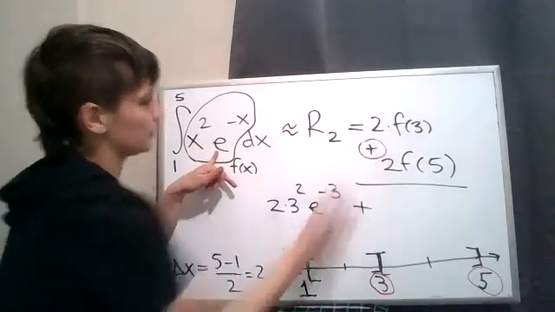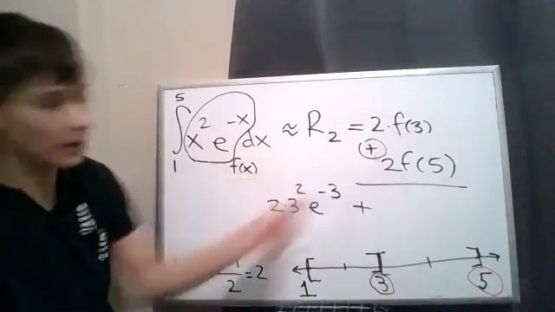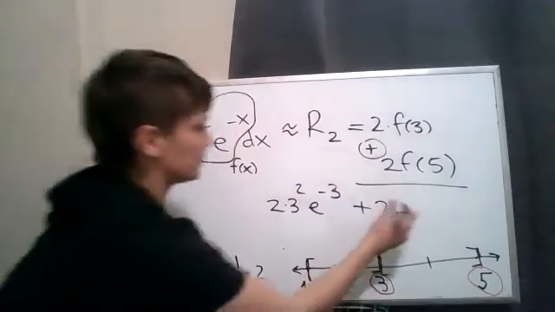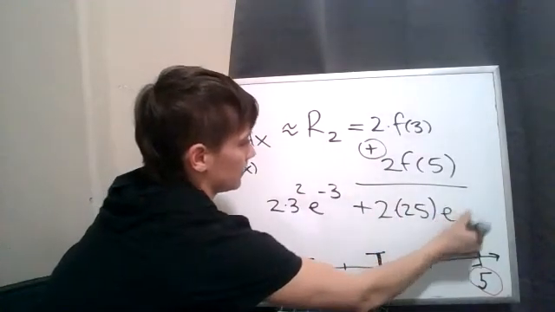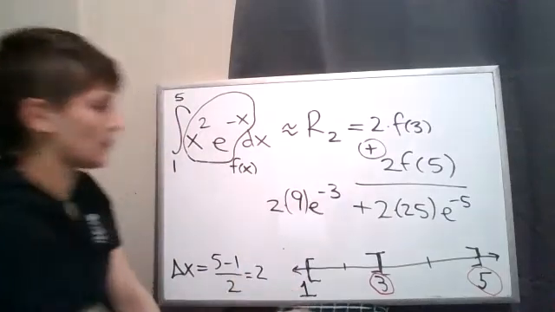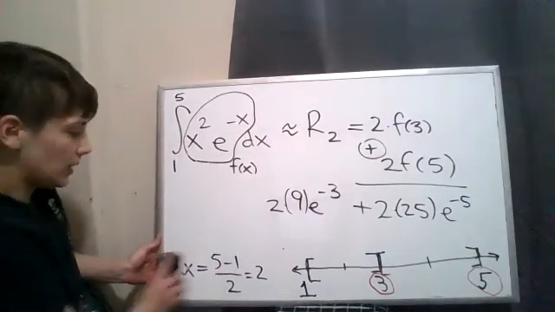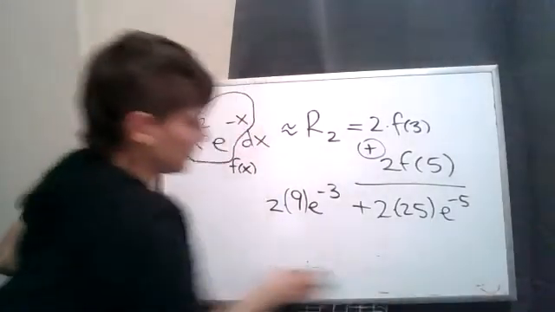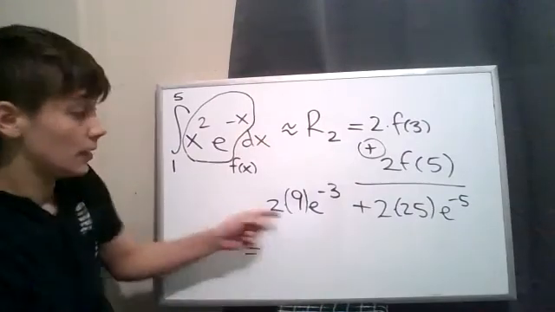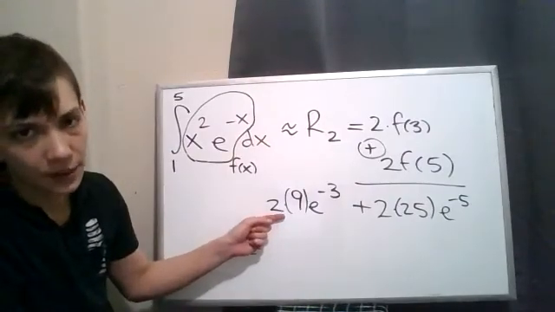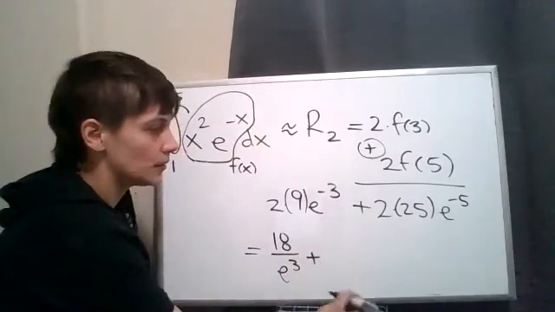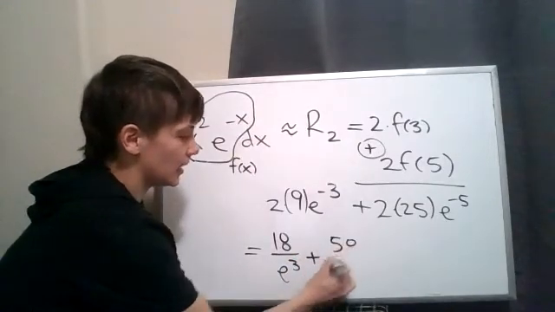And then add 2 times f of 5. Put in a 5 squared, e to negative 5. Cool. Almost done. We have 18 over e cubed plus 50 over e to the 5th. And I just left it like that.